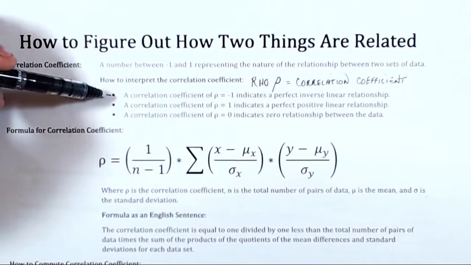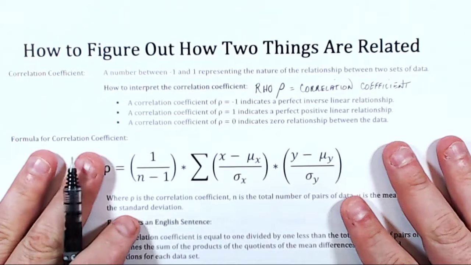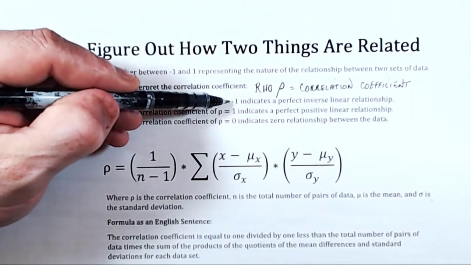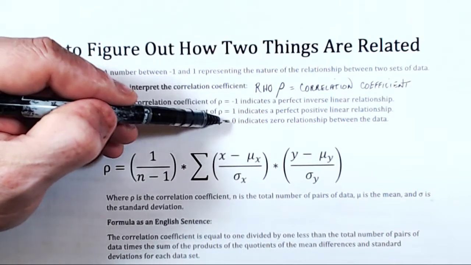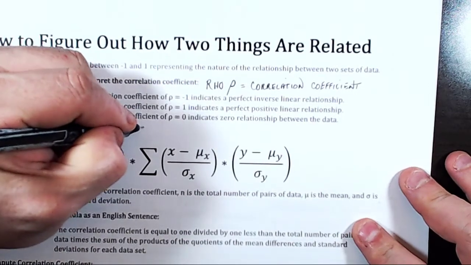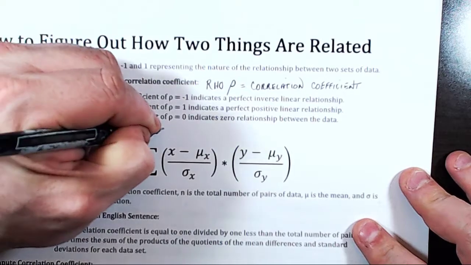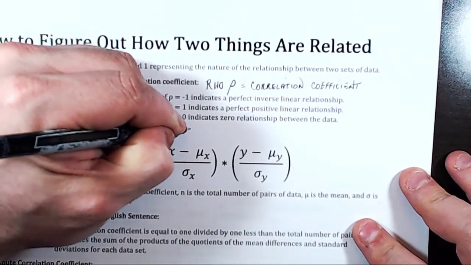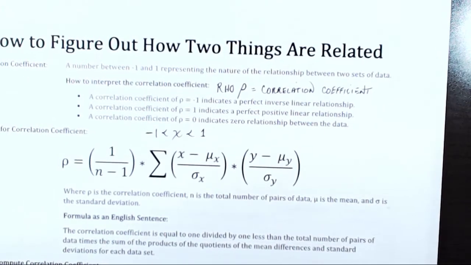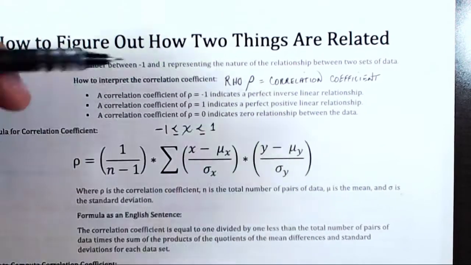Okay, so this correlation coefficient is a number. So, ladies and gentlemen, it's a number. It's not scary. It is a number between -1 and 1, inclusive, so it is less than or equal to 1 and greater than or equal to -1.